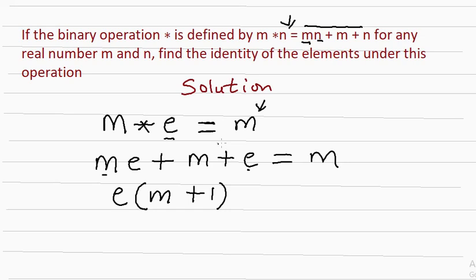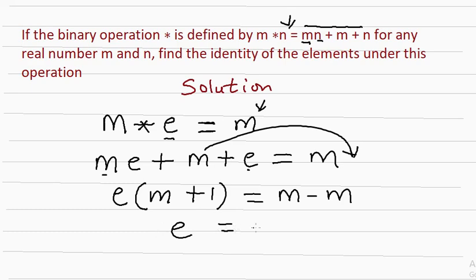Then I take this m to the other side, so that's going to be m minus m, which is 0. It will cancel out. So from what we have here, this is going to be 0 divided by m plus 1, which is still 0. So the identity element is 0.